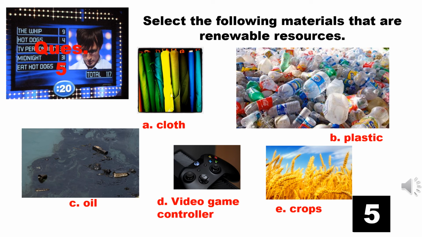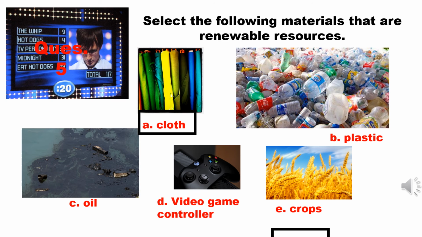All right, question number 5. Select the following materials that are renewable resources. Your choices are cloth, plastic, oil, a video game controller, or a crop. Let us see. Take your choices. And your answers are cloth and crops.